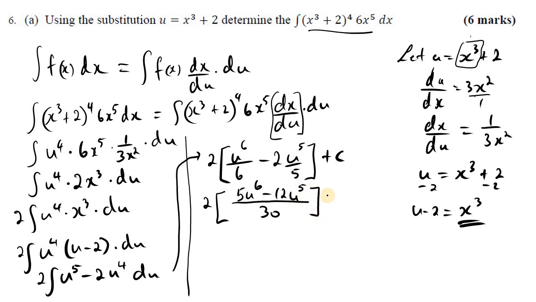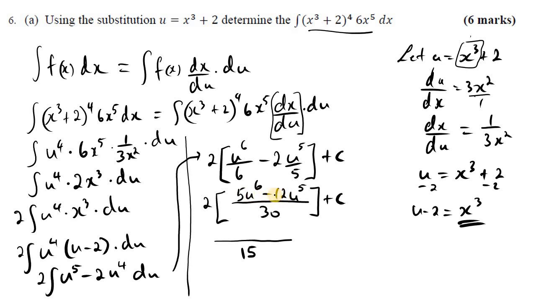Alright, and then put the plus c. Now 2 can go into 30 15 times, so we can simplify that even further. That gives us 15.